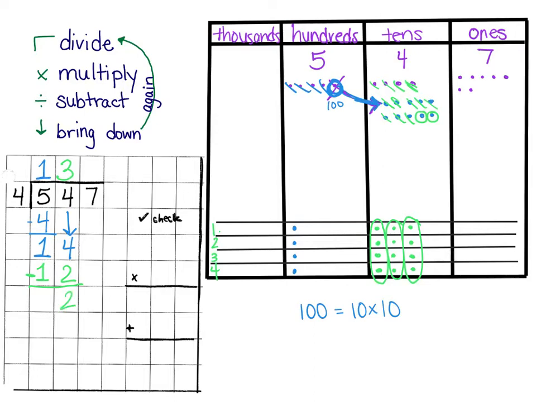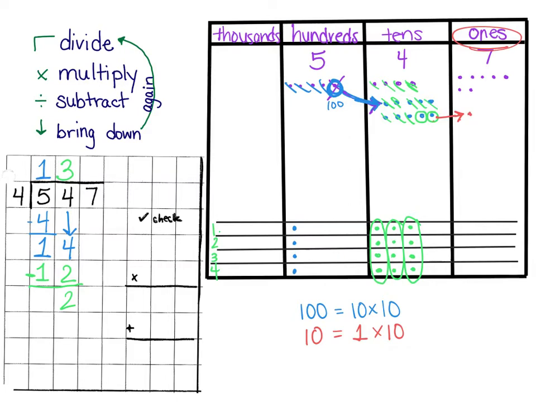So, when we bring down, I have to take each of these 2 and move them over because now we're in the ones column. So each of these tens is worth 10 ones.